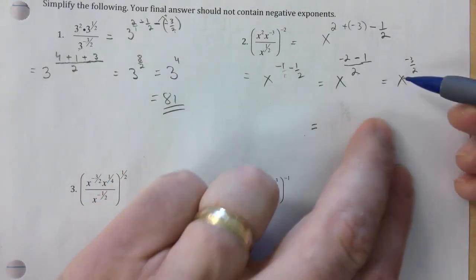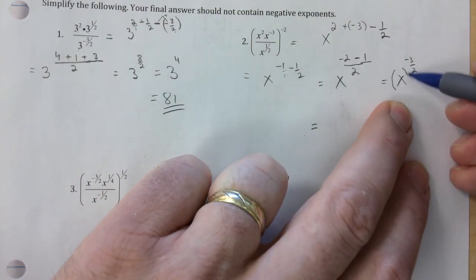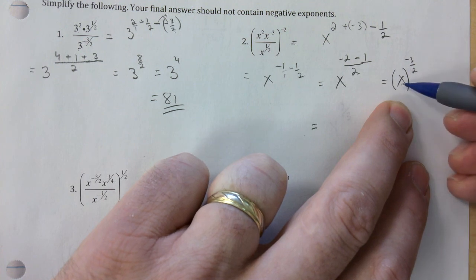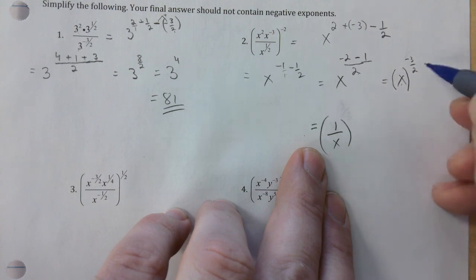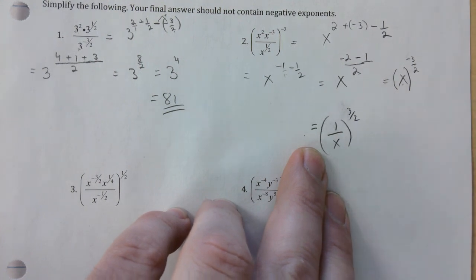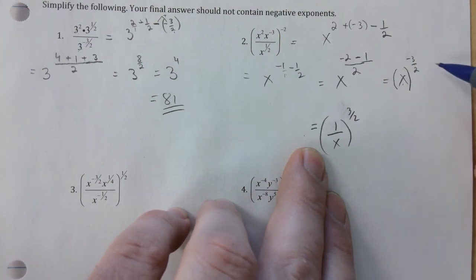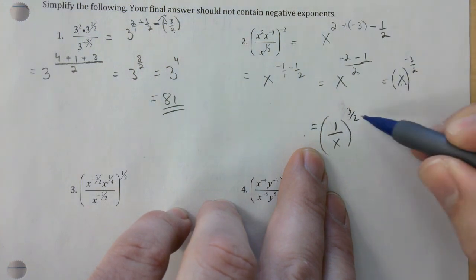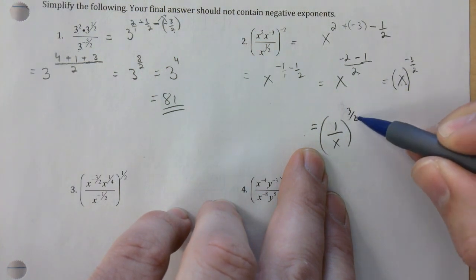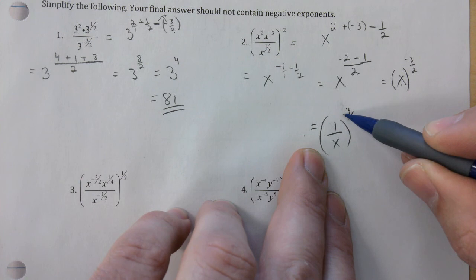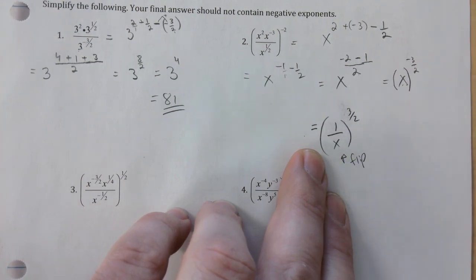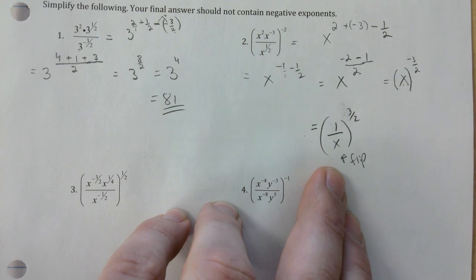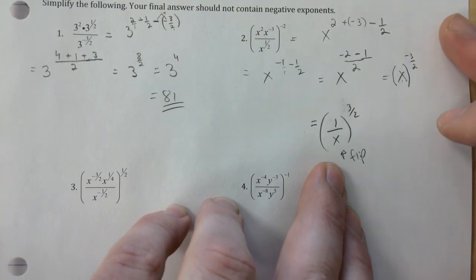If you want to look at it this way, that exponent is affecting that base. So it is the base that you flip. You flip your base, not the exponent. The exponent stays the same, it just turns positive. Right? We flip that. Okay, so don't forget that, please.